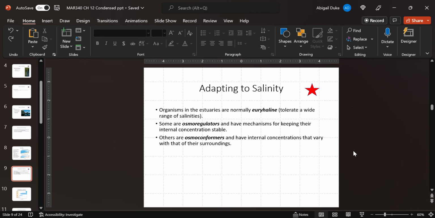This one says adapting to salinity. Organisms in the estuaries are normally euryhaline, meaning they tolerate a wide range of salinities.